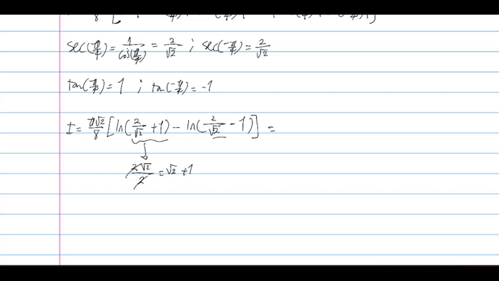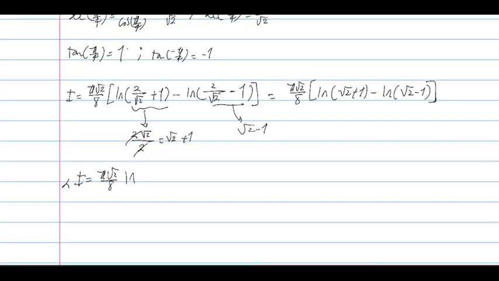And this is also root 2 minus 1, so this is a pretty good result. ln of root 2 plus 1 minus ln of root 2 minus 1, so therefore our integration is equal to pi root 2 over 8. Now we can combine the logs into a division, so it's ln of root 2 plus 1 over root 2 minus 1, and this will be the final answer.